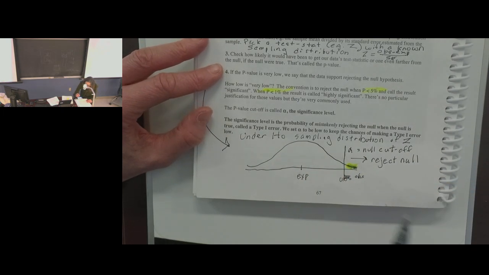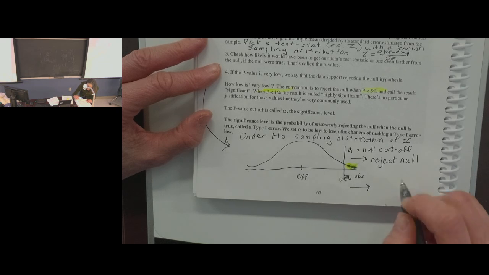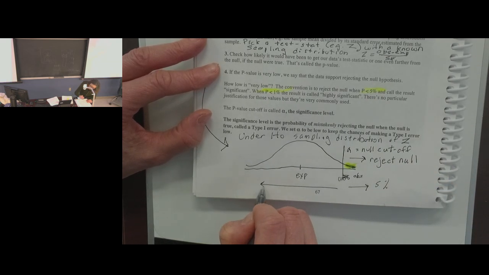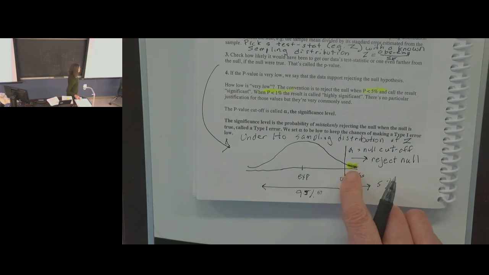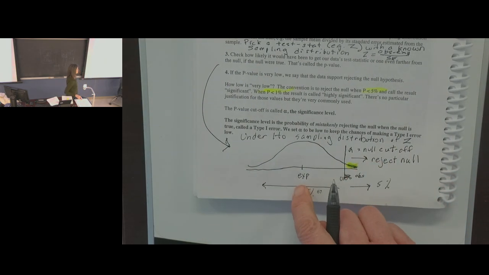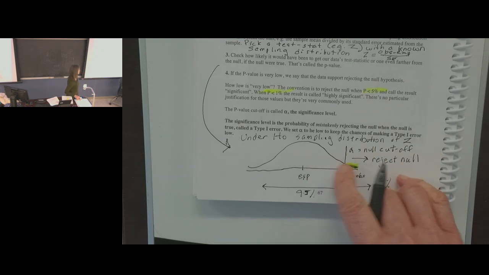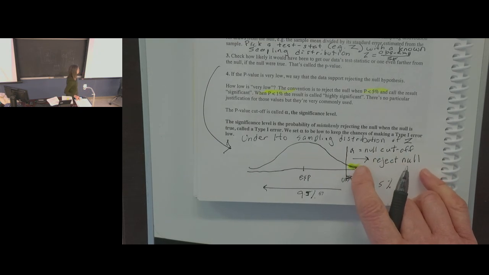So if there's a 5% chance when the null is true, this is 5%, this is 95%. You measure how far your observed is from what you expect once you translate it into a z-score. If your observed is on this side, you reject the null.